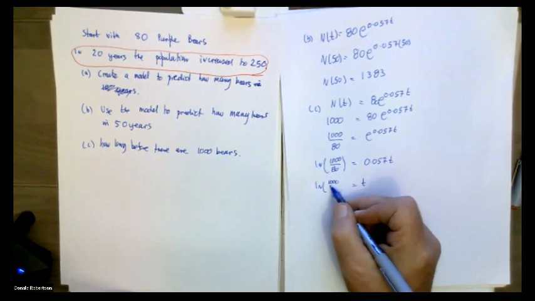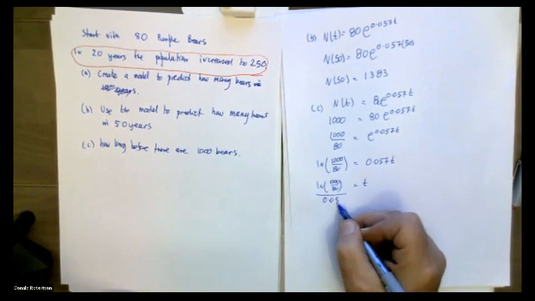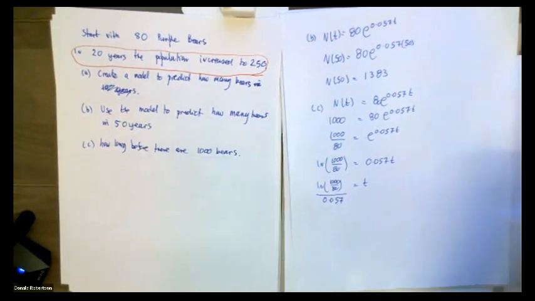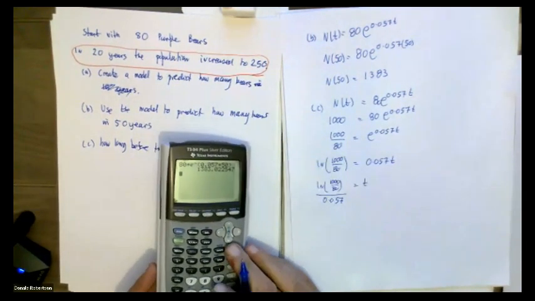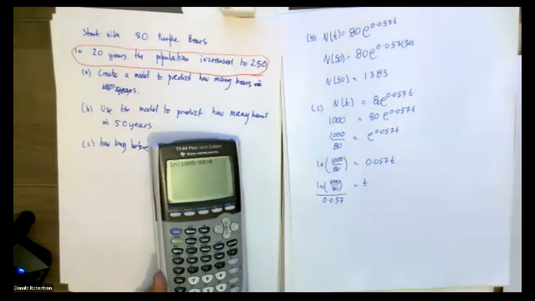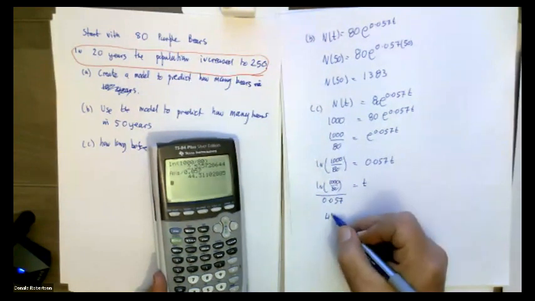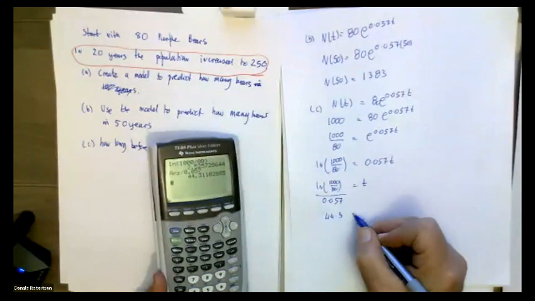I'll use the calculator. And we will have the natural log of 1,000 divided by 80, that bit, and then divided by 0.057. And the answer that we would get is about 44.3 years.